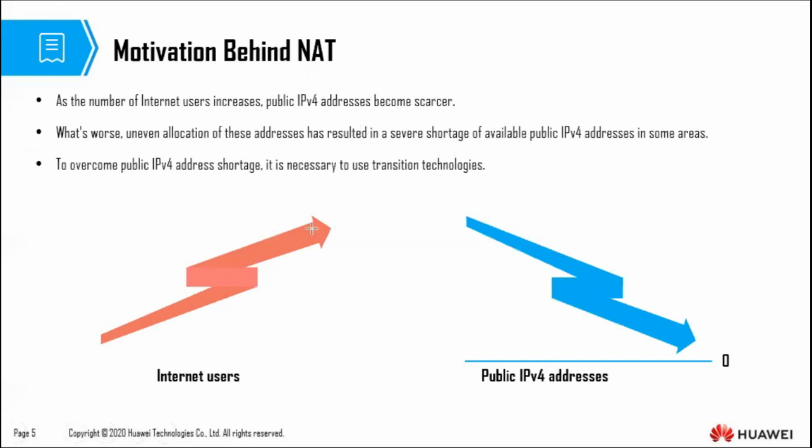The problem is this: the number of internet users increases. By talking about internet users, we're also talking about the number of devices, while the number of public IPv4 addresses is limited.